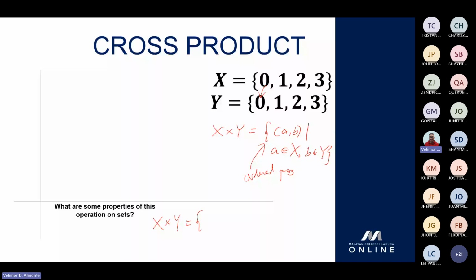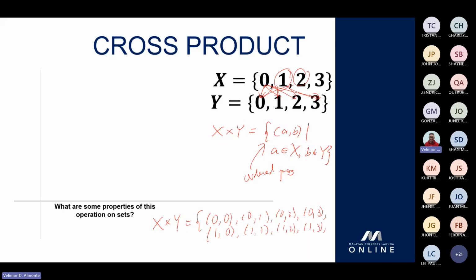0, 0, 0, 1, 0, 2, 0, 3. Pair them, ordered. Before you move on to the next element, exhaust the pairings. Next, move to 1 and repeat: 1, 0, 1, 1, 1, 2, 1, 3.